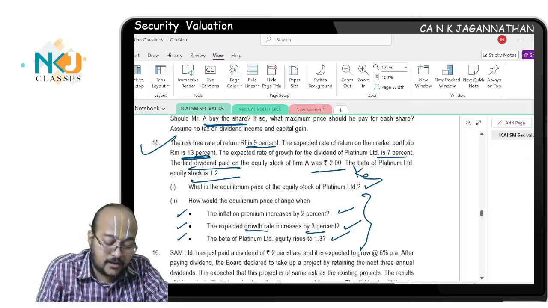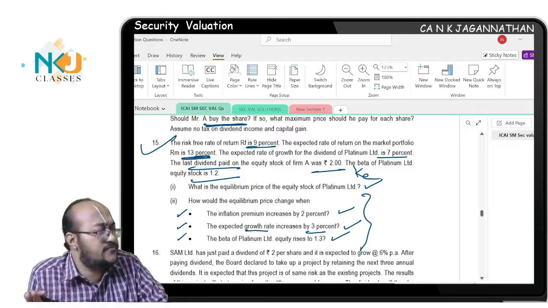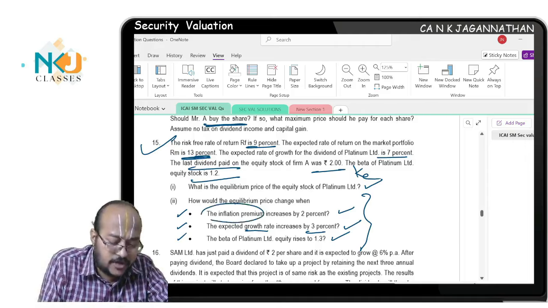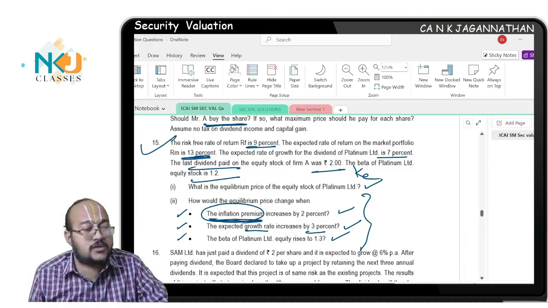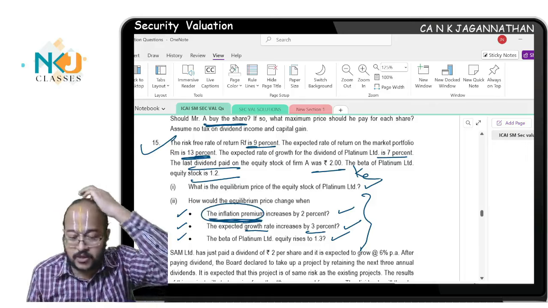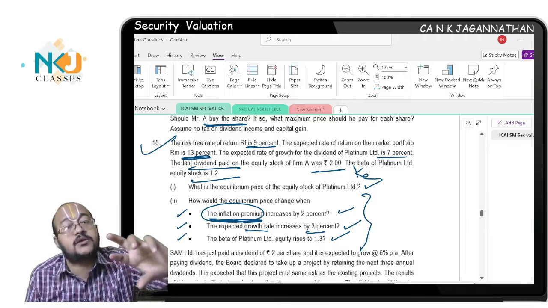Here they have shown various presentations of this question because there is ambiguity. They have given the inflation premium; they should have directly given the risk premium. There is a concept called the international Fisher effect, wherein the discounting rate, the interest rate in the market, represents risk as well as inflation premium.